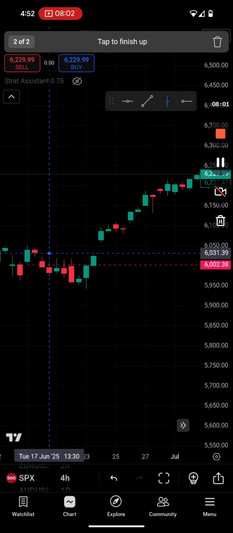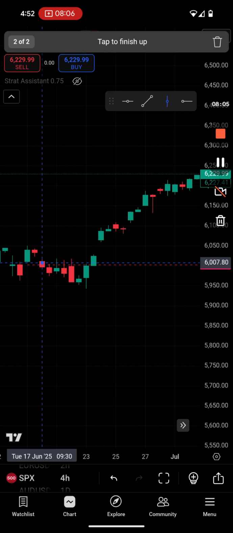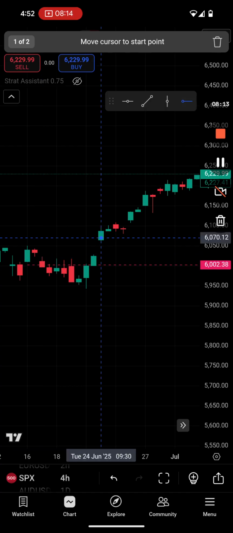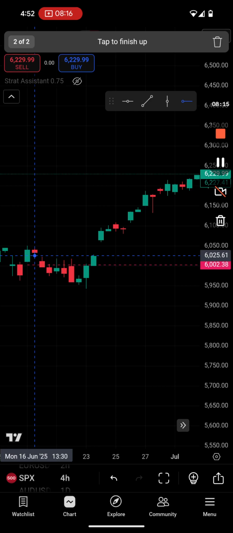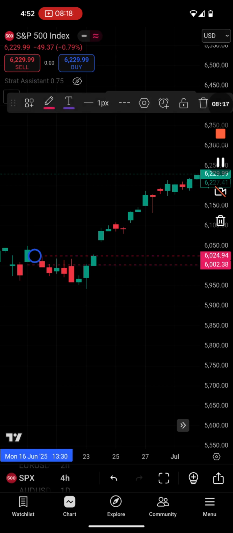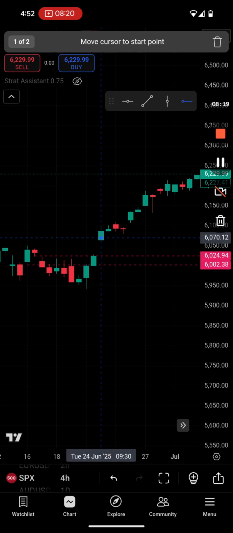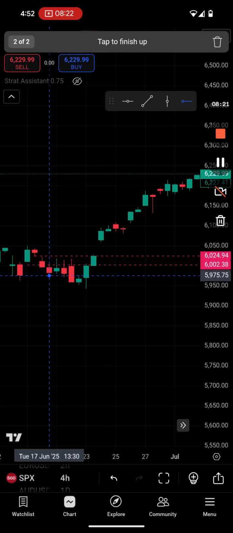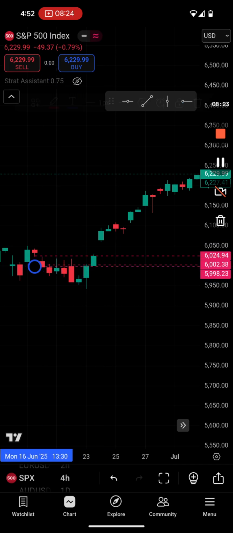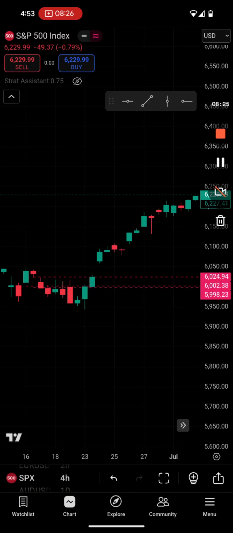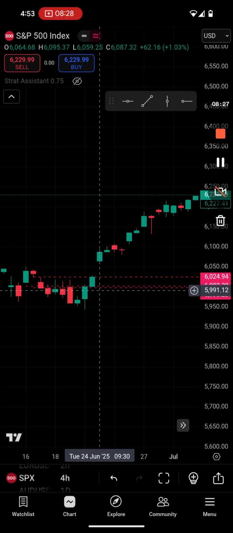This candle right here. This is a two down. What makes this a two down? You see this candle right here? The high of this candle? I'm going to mark the high of this candle, and the low of this candle. See that?